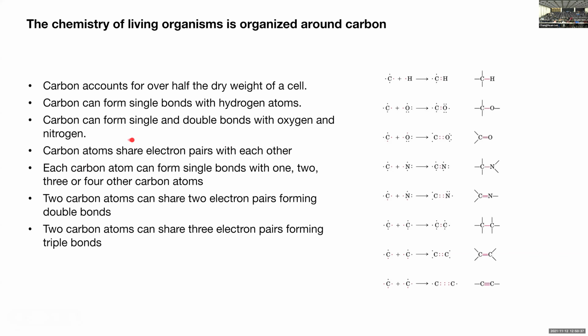And it can make bonds with nitrogen too. And it can make bonds with other carbon too, and that can be single, double, or triple bonding, which all gives a variety of different properties for carbon usage, making different molecules there.